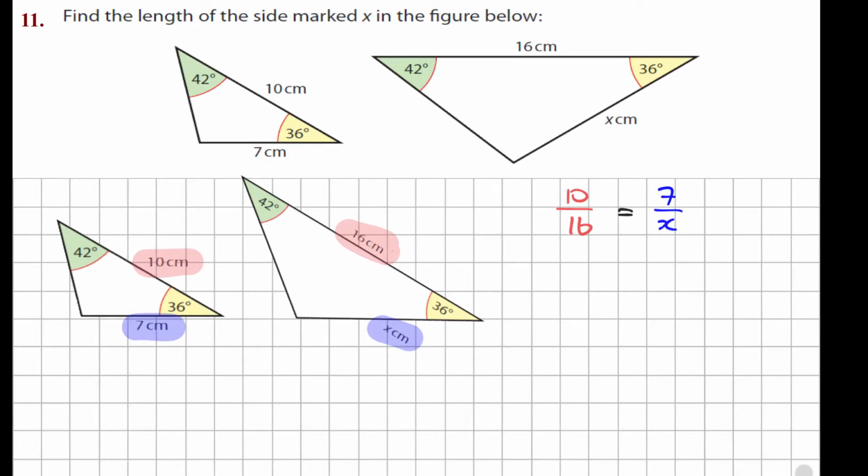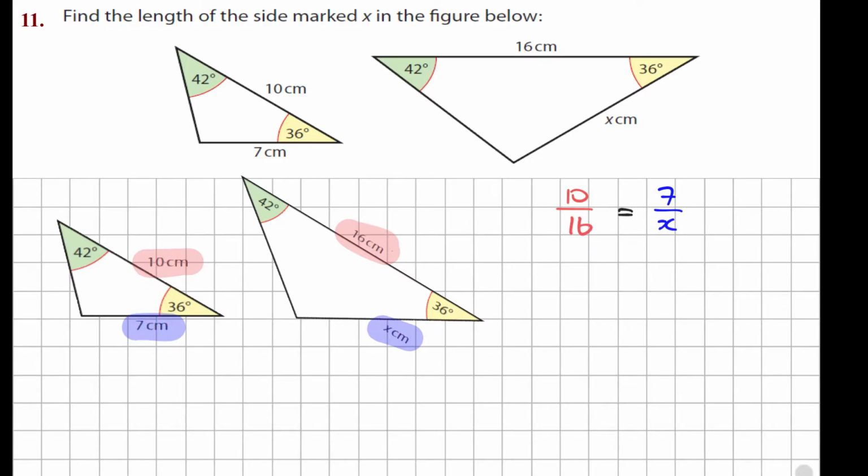Now it's very important that if I start with this triangle as my numerator over my denominator, then I have to make sure that this is my numerator over my denominator. So it's very, very important the order that we put the second fraction in. The numerators have to be from the same triangle.